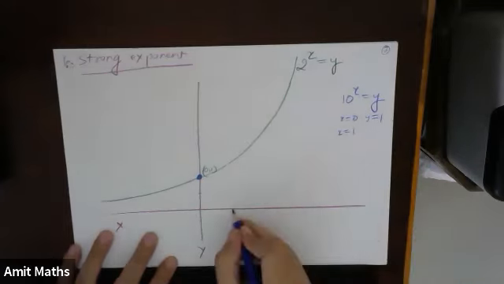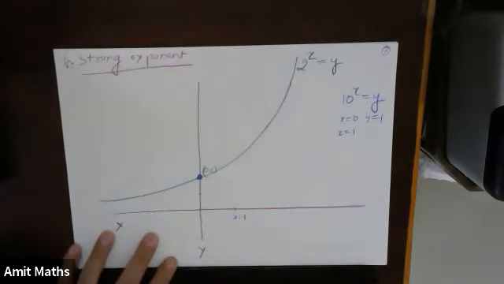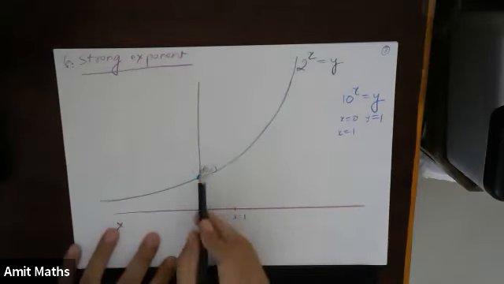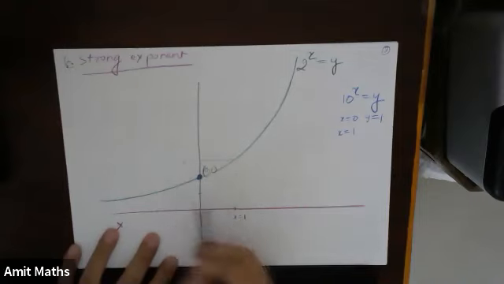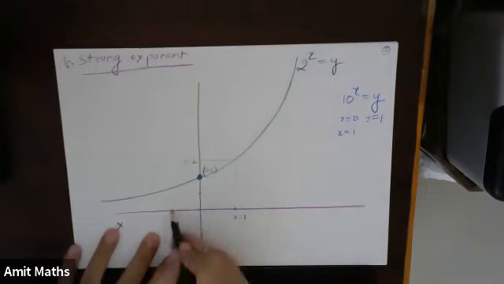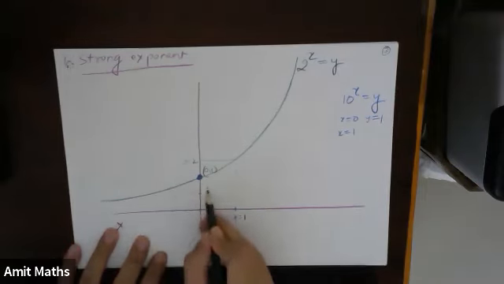Now, when x was equal to 1, y was equal to 2, and when x is equal to -1, y was 1 by 2.